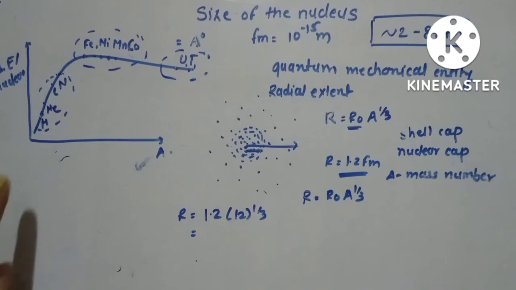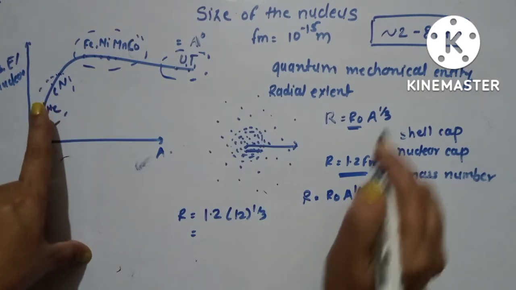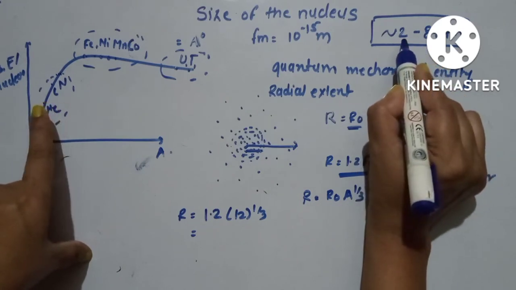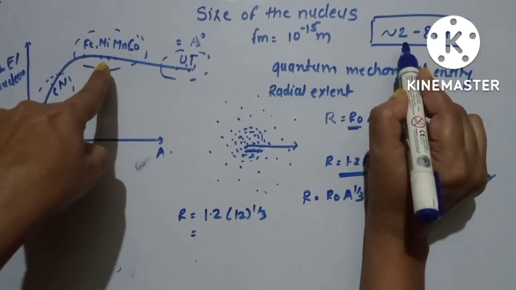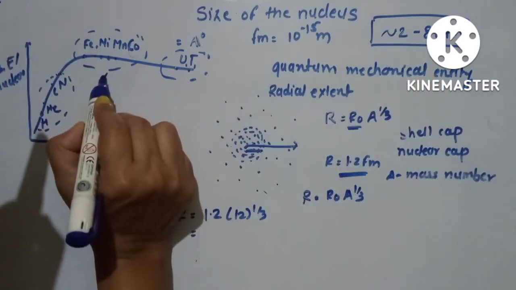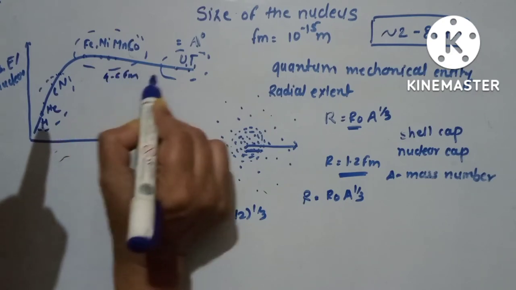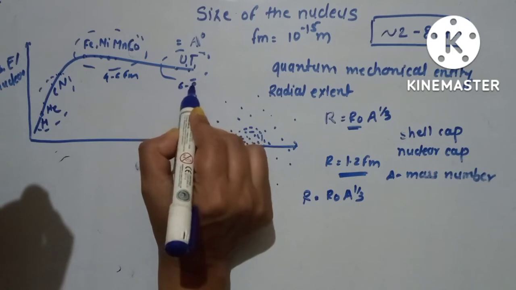The lighter nuclei have a radial extent in the range of 2 femtometers. The middle weight have a radial extent of nearly 4 to 6 femtometers, and above that the radial extent will be somewhere from 6 to 8 femtometers.